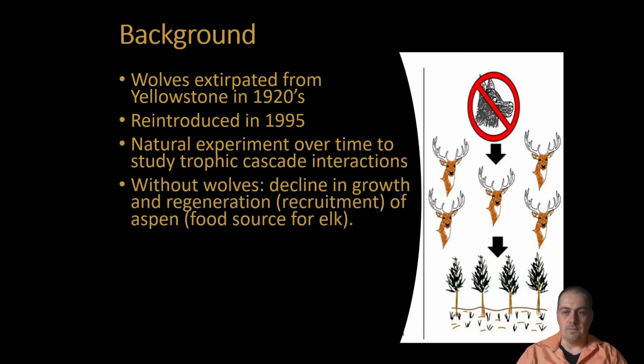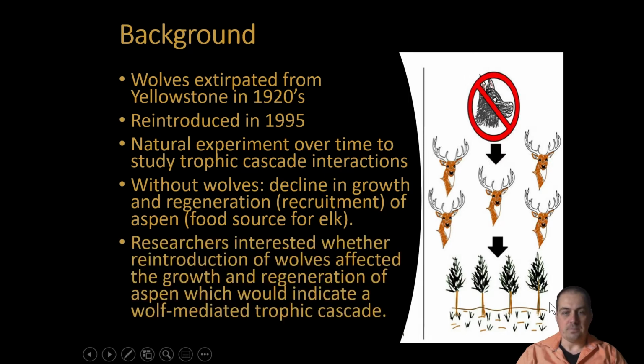So from the videos, you know that during this period from 1920 to 1995, there were no wolves, so there was a large population of elk, which increased significantly during that time. And this resulted in a decline in the growth and regeneration of aspen, which is their favorite food source. It's like ice cream to them.